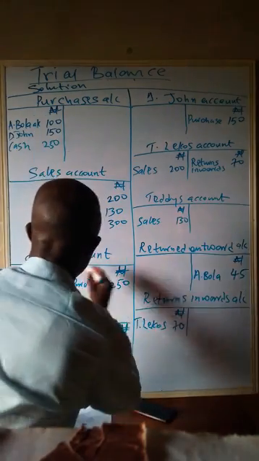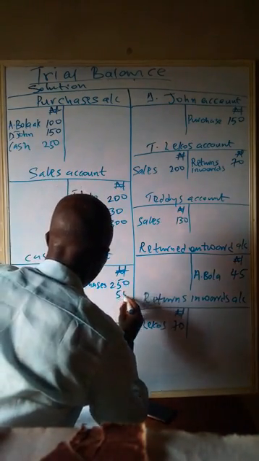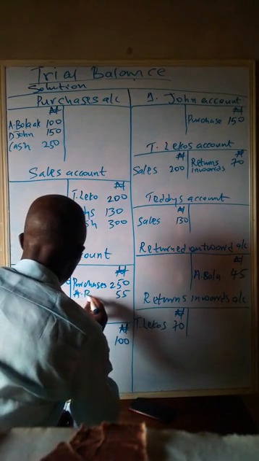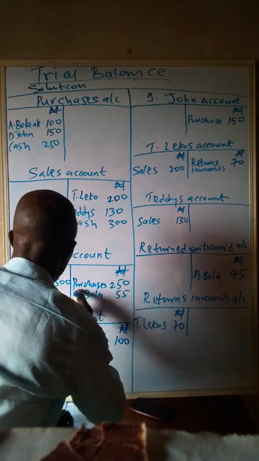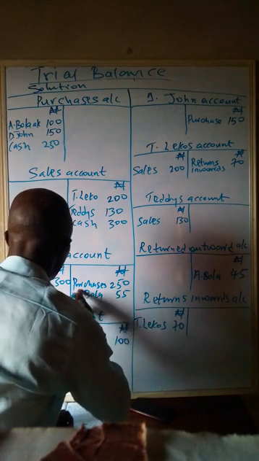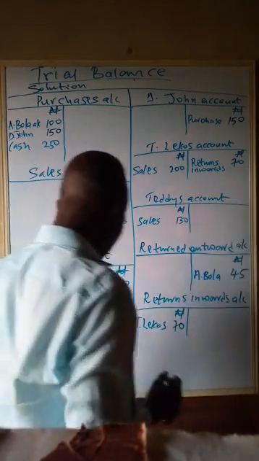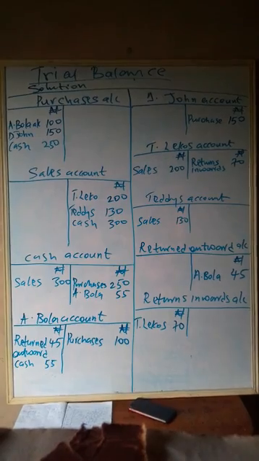So I go to cash account, that is 55. I have Ebola's account.